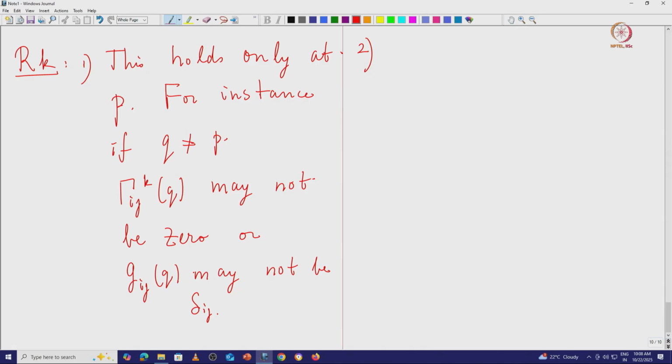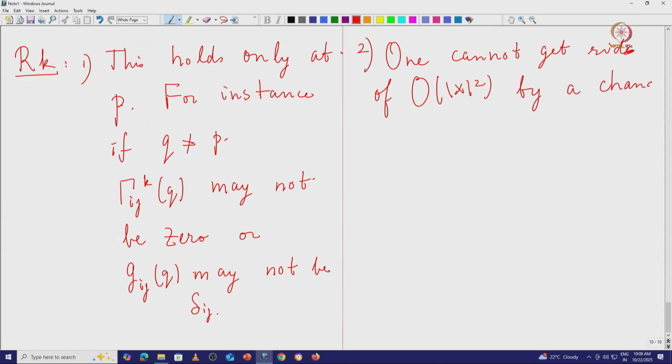The second point is that no matter how clever you are, one cannot actually get rid of the O of mod x squared term, the quadratic terms, by a clever change of coordinates, since the quadratic term actually encodes information about the curvature.